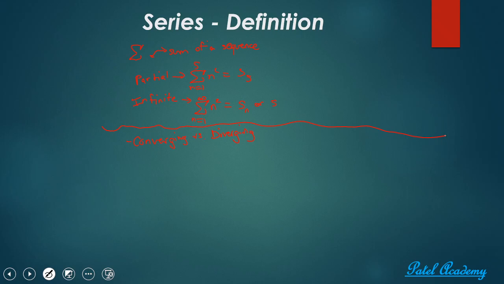Converging means that the series, not the sequence now, but the series value approaches a certain point, while diverging means that the series value will just extend to positive or negative infinity, or you can't actually figure it out over time. So like an oscillating series, for example, where it's -1, +1, -1, +1, -1, that won't ever actually converge to a point. It'll just keep oscillating around 0. So that's also considered divergent.